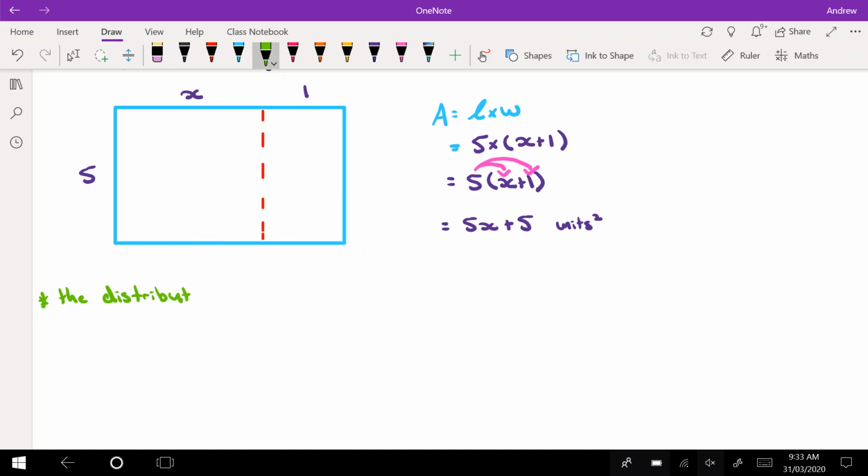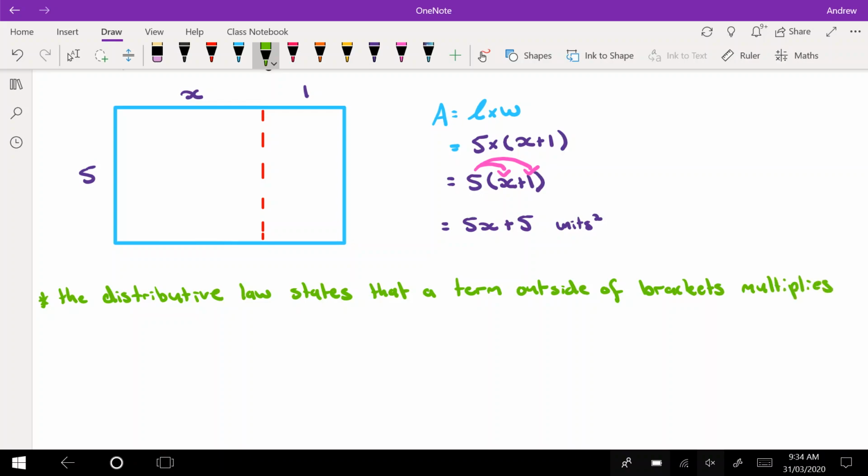The distributive law states that a term outside of brackets multiplies everything on the inside.